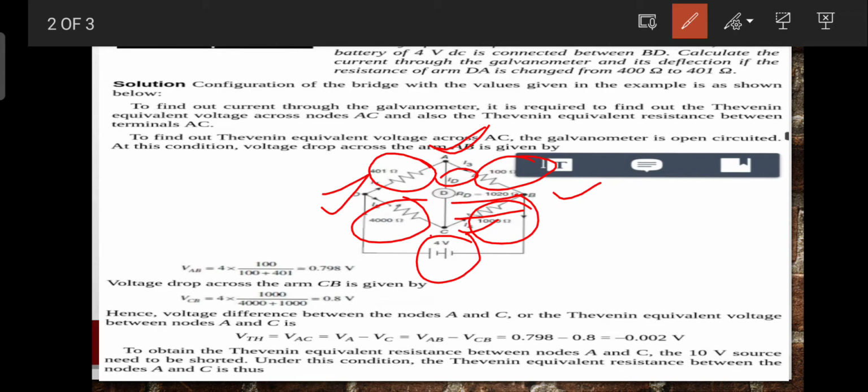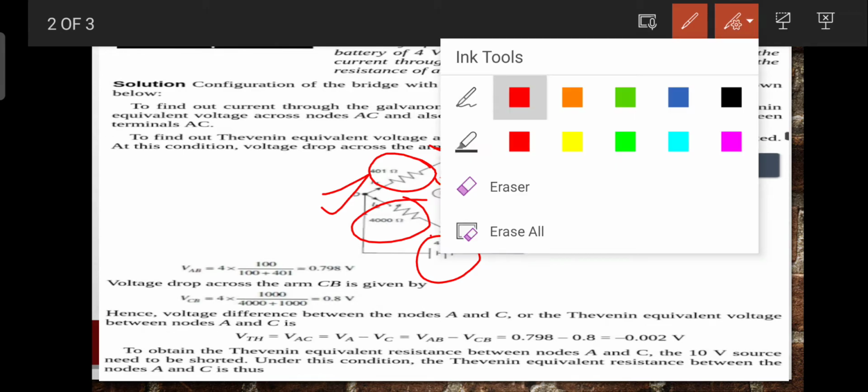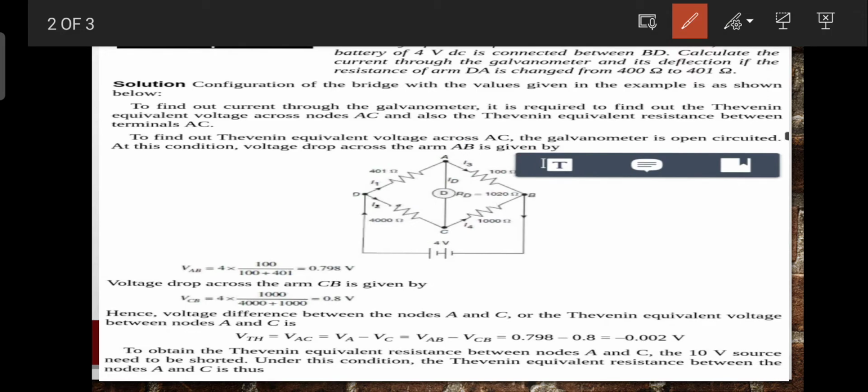So voltage across AB is equal to the total voltage, that is 4 volt, into the resistance divided by the total resistance, that is 100 plus 401. By calculating this we get 0.798 volt.